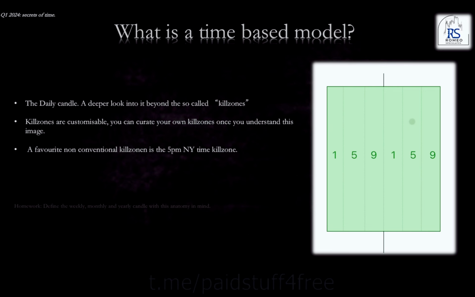Now the plug aside, 1, 5, 9, 1, 5, 9 is what shapes the daily candle. Once you realize this, you realize that kill zones are customizable, right? You can curate your own kill zones once you understand this image. As soon as you understand what this means, then you've already made a lot of progress in understanding the open, high, low, and close.